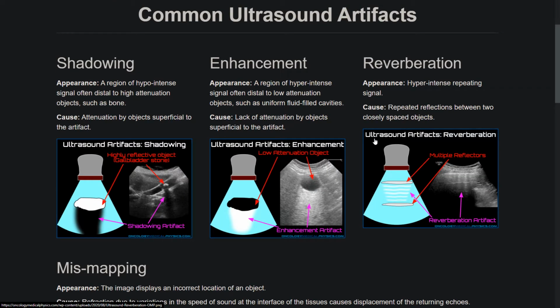This artifact is usually caused by a foreign body or by reflections between a reflective interface and the transducer, such as, for example, when there is a metal object like a bullet or a surgical needle, it will cause a behavior known as a dynamic ping pong. As we can see here, there are multiple reflectors, and here is the reverberation artifact, and it goes up and down like a ping pong.